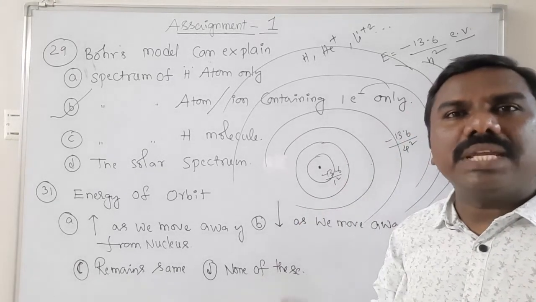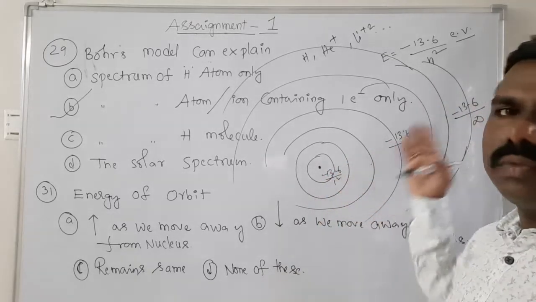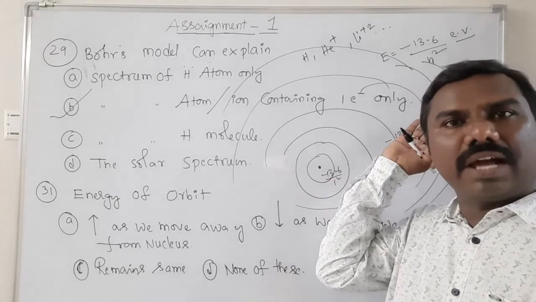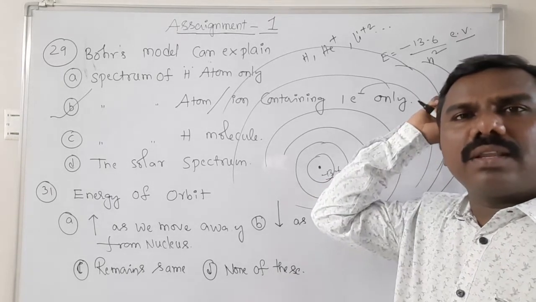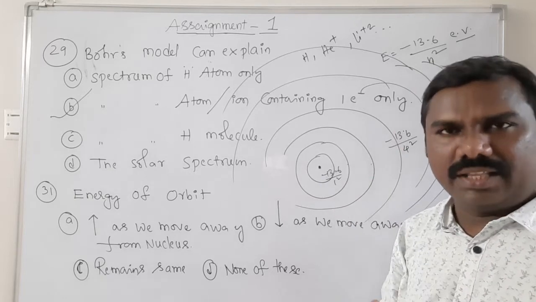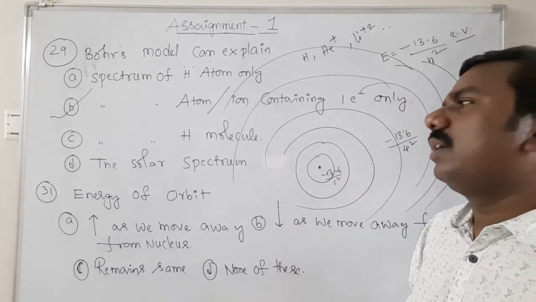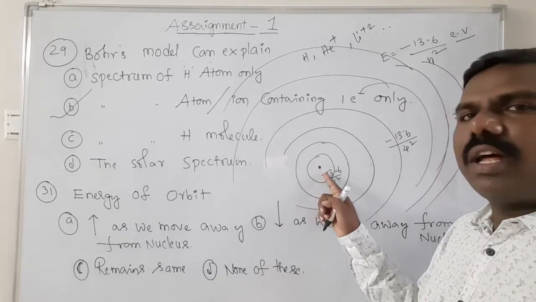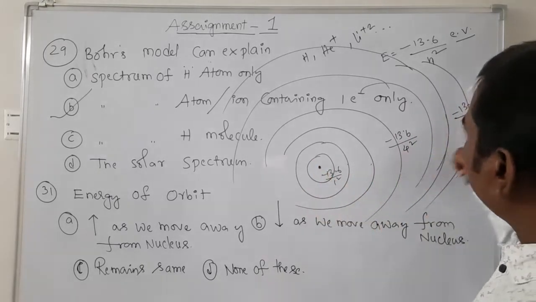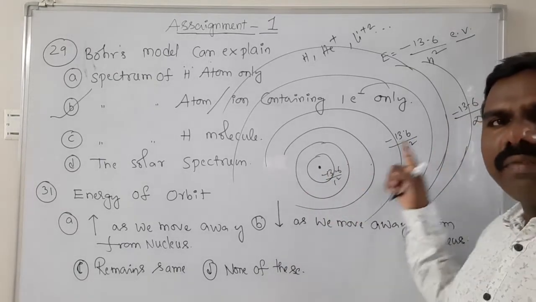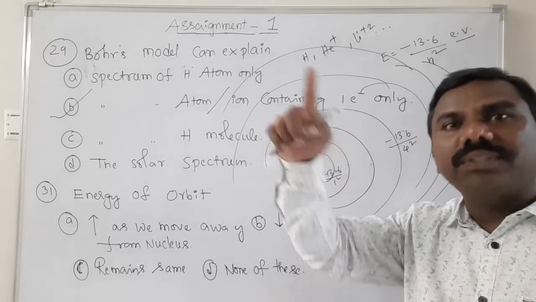Minus to 0. It means the value is increasing. Understood, all of you? Finally the minus value becomes 0 for the infinite value. The infinite orbit: the energy of the electron in the last shell is 0. That's why it is a free electron. Getting all of it? So now, as you move away from the nucleus, the n value increases, and energy goes from negative to 0.